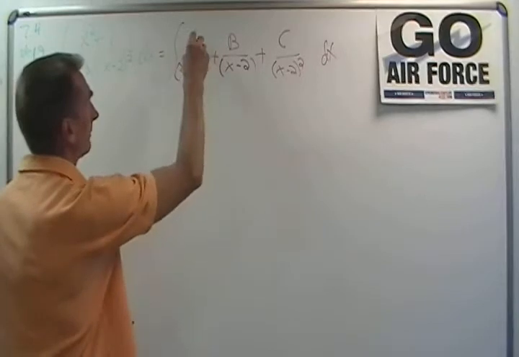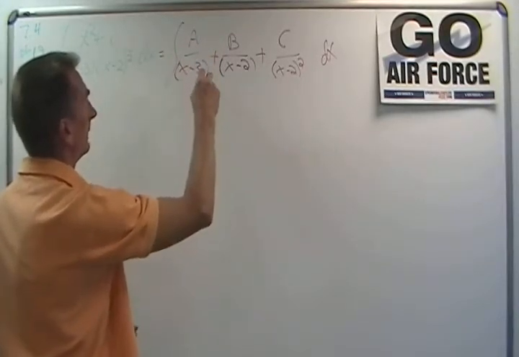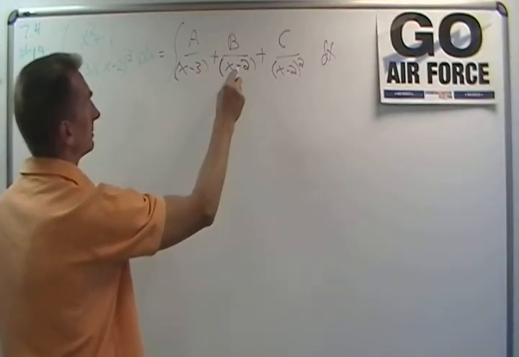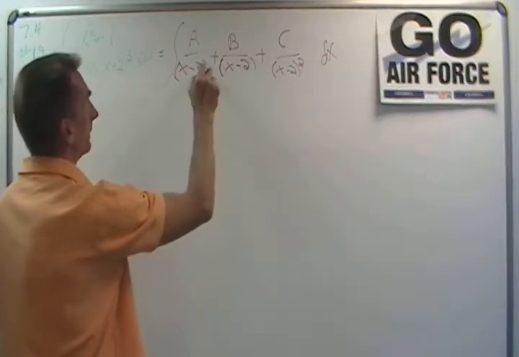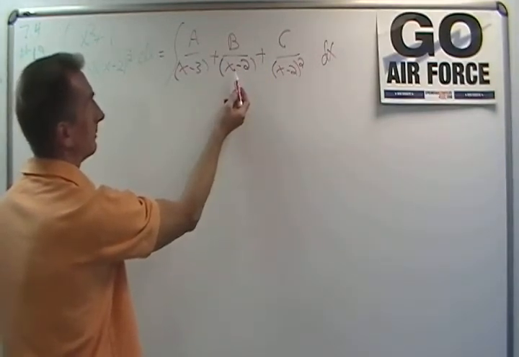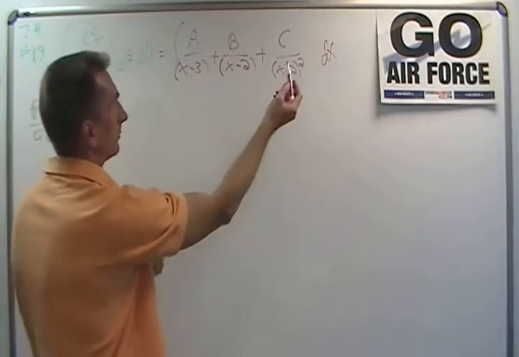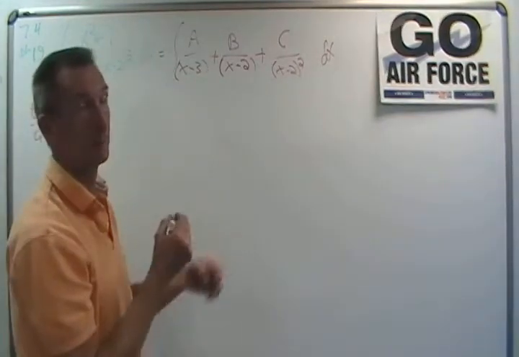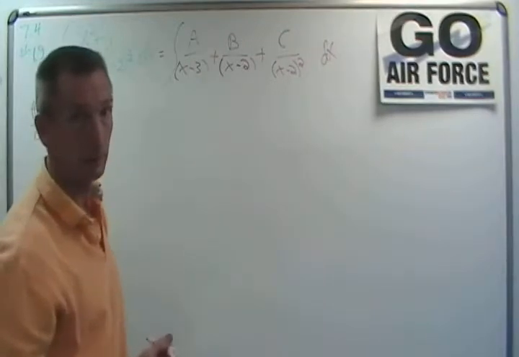So I'm going to multiply this factor here by (x minus 2) squared. I'm going to multiply this one by (x minus 2)(x minus 3), and multiply this one by (x minus 3), top and bottom in each case.